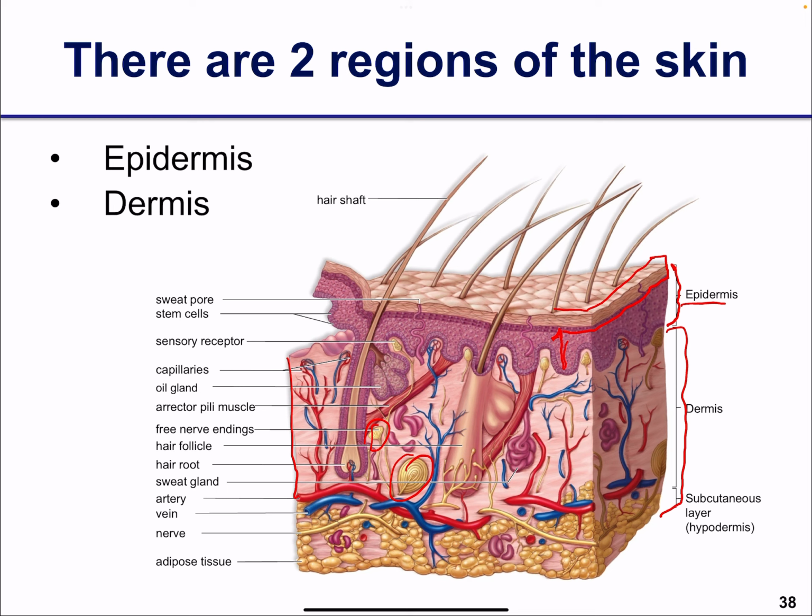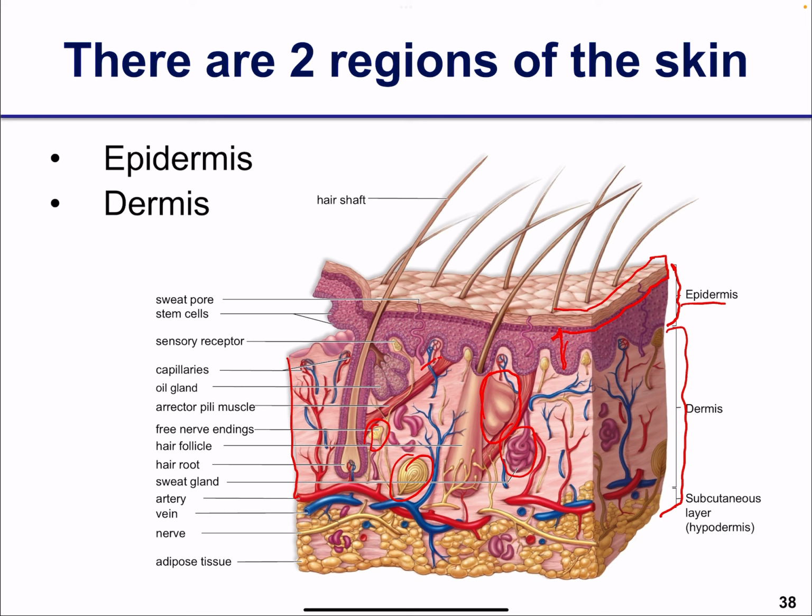You're going to have the sweat glands that are embedded in the dermis, in spite of the fact that they are an extension of the epidermis. You're also going to have the sebaceous glands, or oil glands, that are also embedded in the dermis while they are part of the epidermis, an extension of the epidermis.